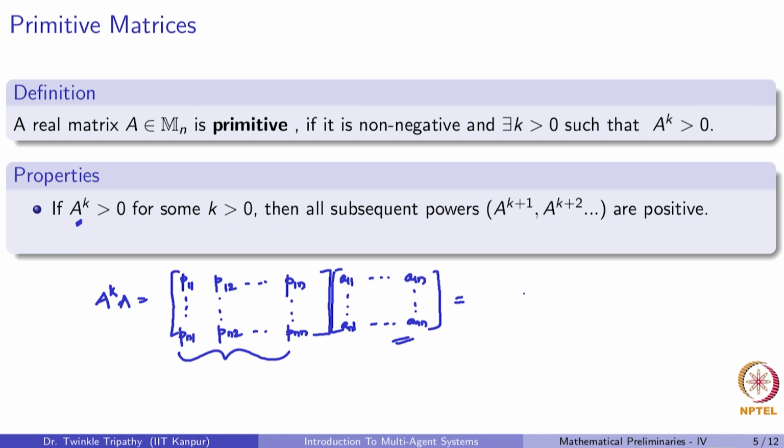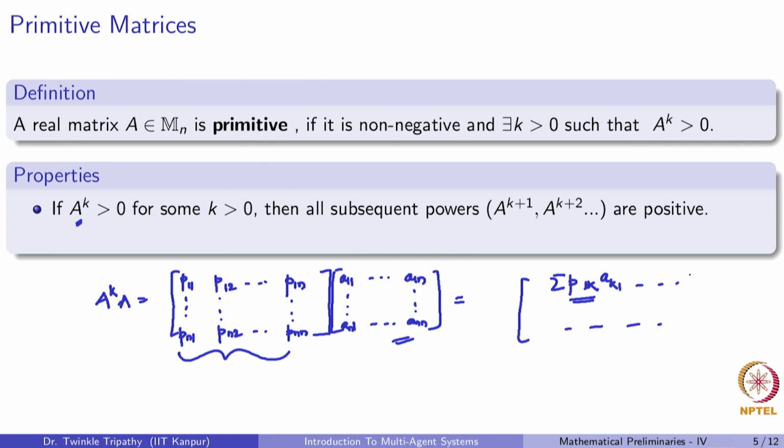Let's just write one of the entries. The first entry is simply a summation of these products, and this should be positive. Now notice that this summation can never become 0.